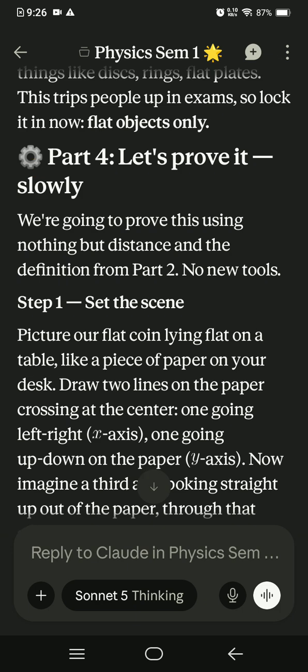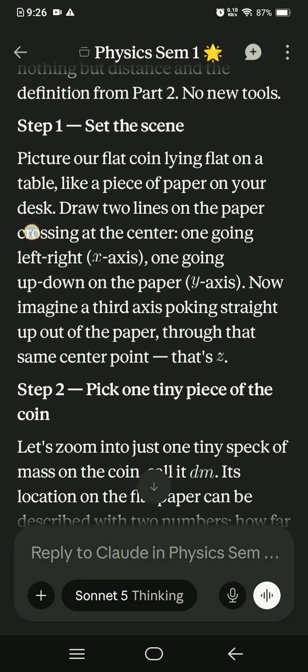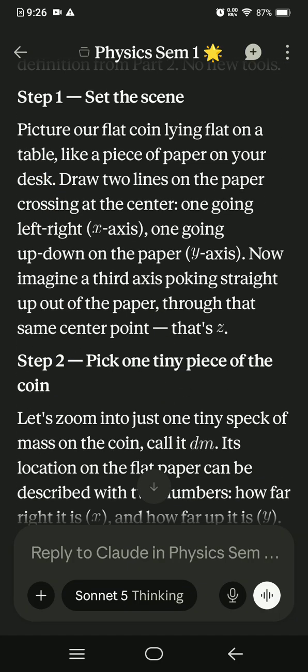Part 4, let's prove it slowly. We are going to prove this using nothing but distance and the definition from part 2. No new tools. Step 1, set the scene. Picture a coin lying flat on a table, like a piece of paper on your desk. Draw 2 lines on the paper crossing at the center, one going left right, one going up down on the paper.